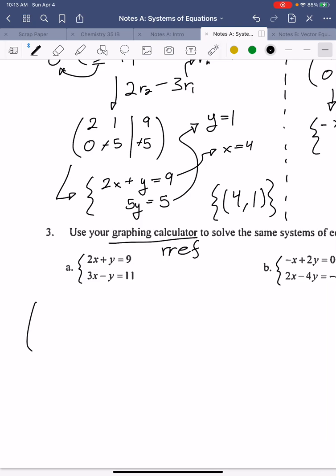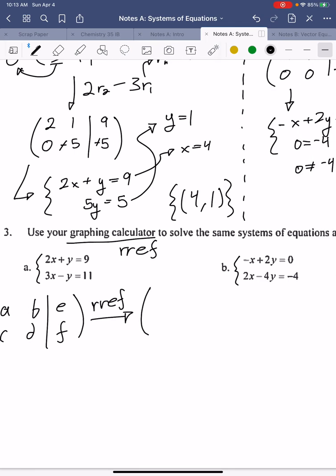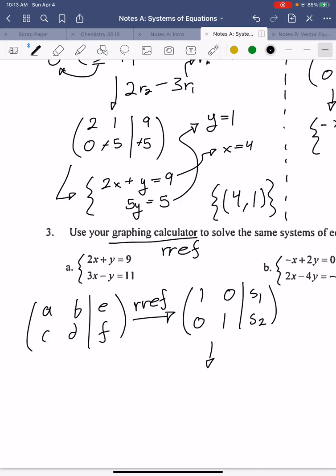So let's say we have augmented matrix A, B, C, D equals E, F. In our calculator, what RREF does is it makes it so that we have 1, 0, 0, 1 equals S1, S2. Now, the S's stand for solutions. So if we convert this back into a system, we have x equals S1, y equals S2.